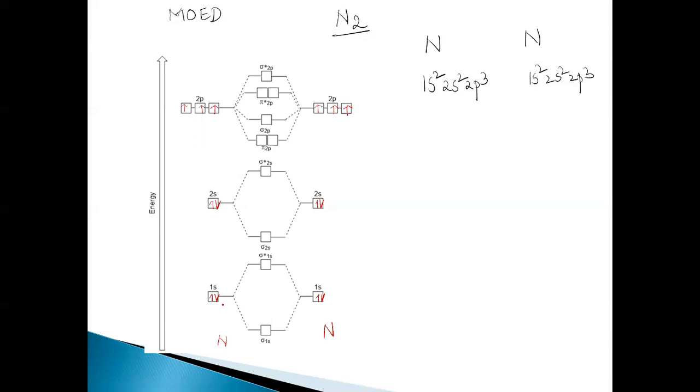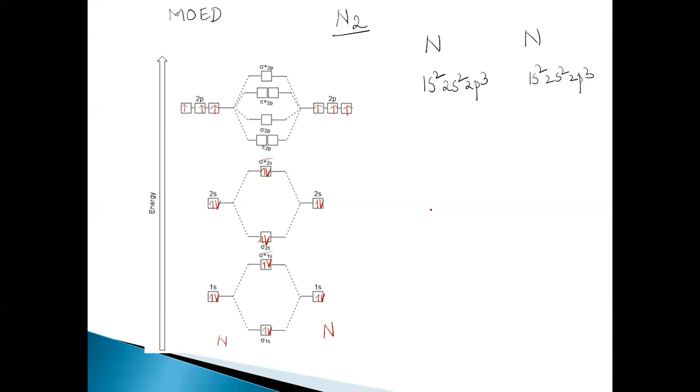The linear combination of the 1s orbitals results in the formation of sigma 1s and sigma star 1s, and filling these orbitals takes 4 electrons, 2 here and 2 here. The 2s linear combination again results in the formation of sigma 2s and sigma star 2s, again with 4 electrons filling.